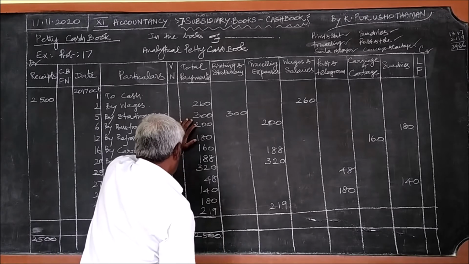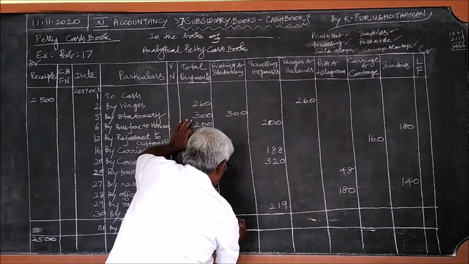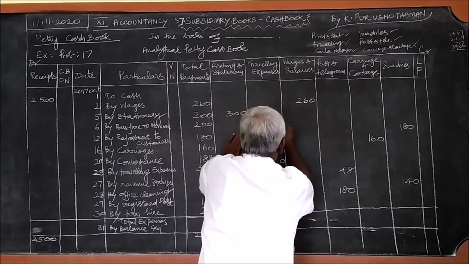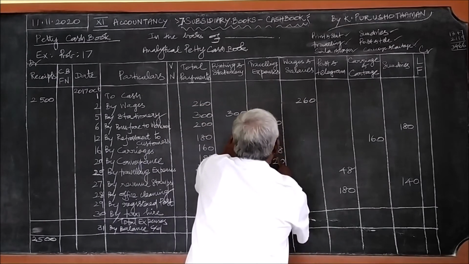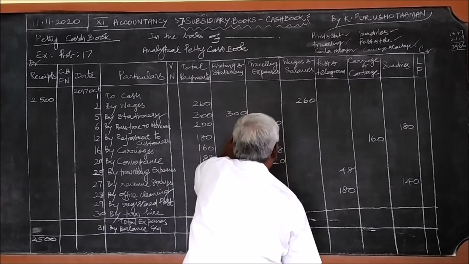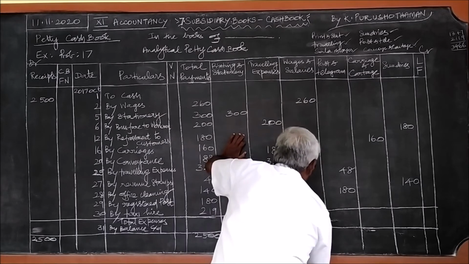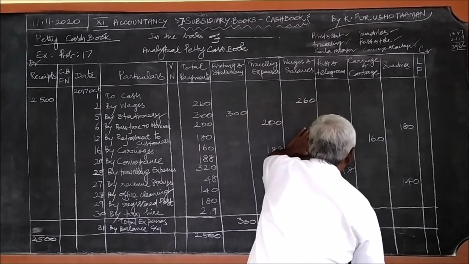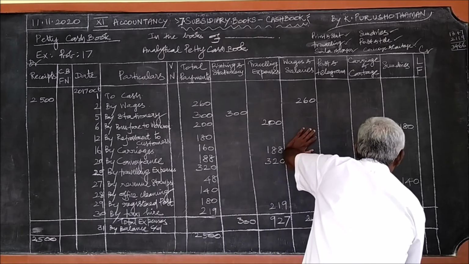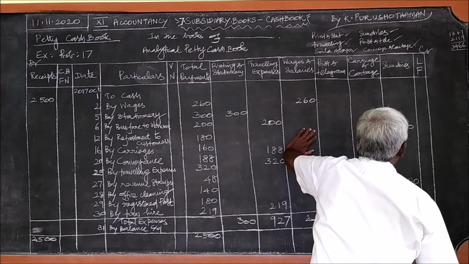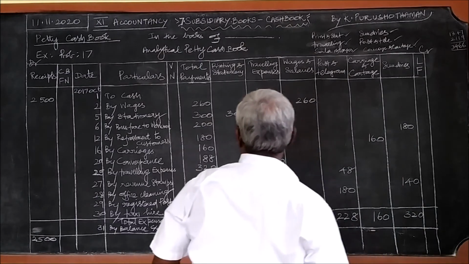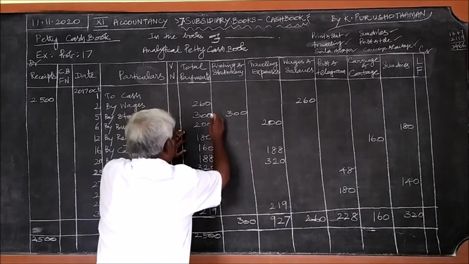Okay, now you find the total. 300. 216. 228. 160. 320. Now you find the column totals.